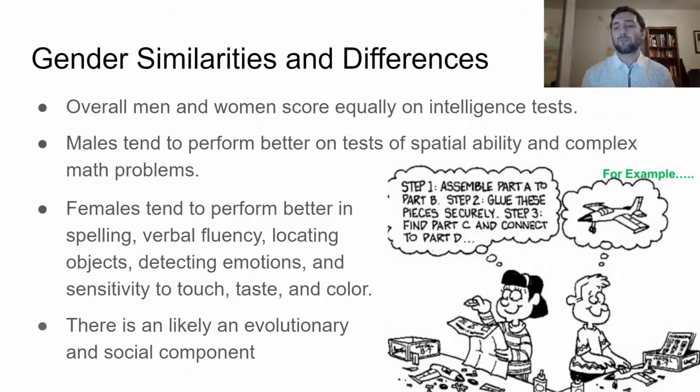So one really simple example I can give you is kind of what you're seeing in the corner there. Although they're doing the same thing, but if we think about toys, and again, this is something we'll talk about with the development, but if you think about what kind of toys do young boys get versus what kind of toys do young girls get, those might be in connection with why we score better or worse in some certain things.